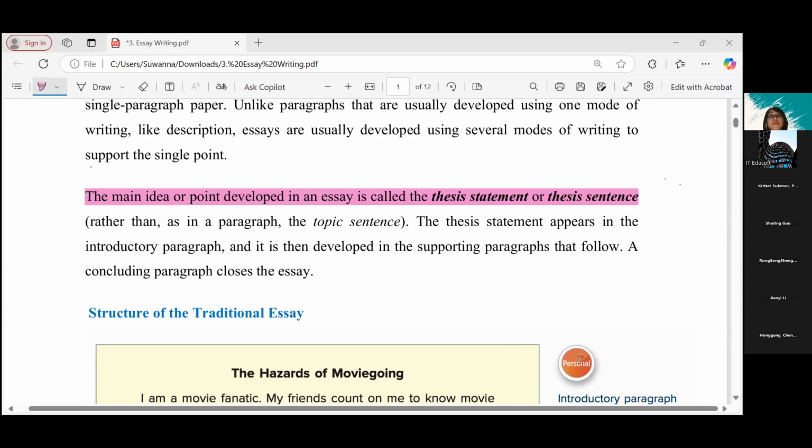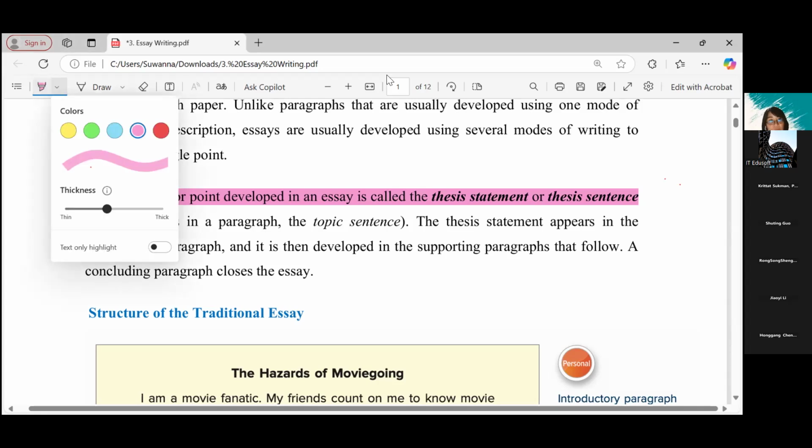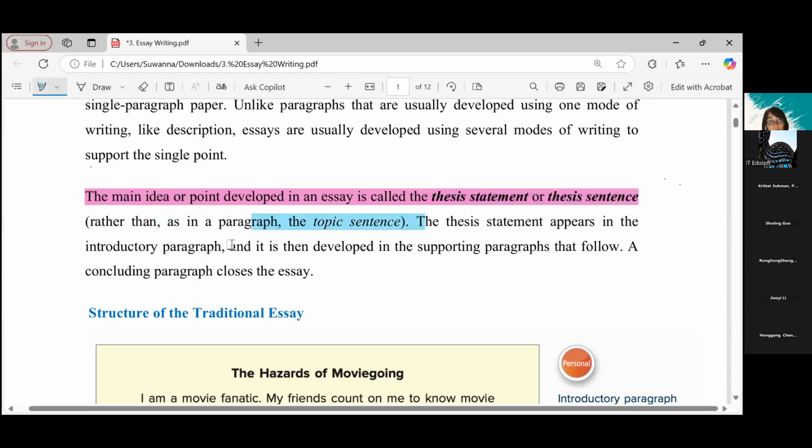The thesis statement appears in the introductory paragraph. Please take a look over here. The thesis statement appears in an introductory paragraph. As I mentioned, it gives you an overview or a big picture of your entire essay, right?